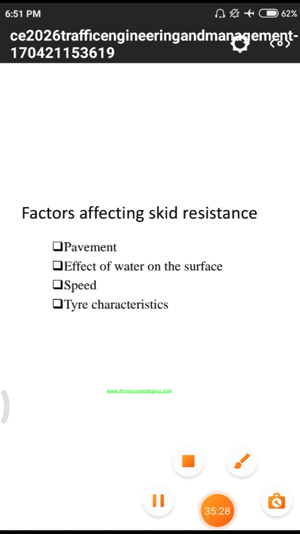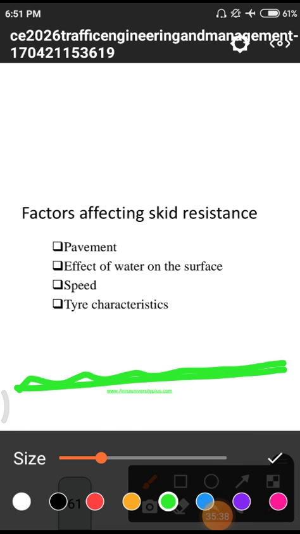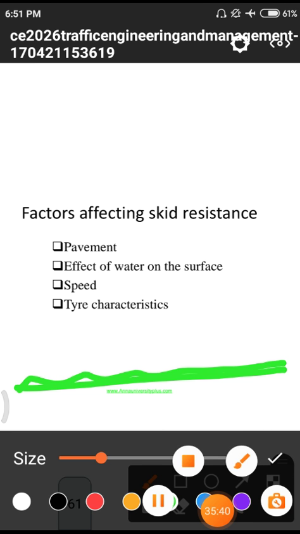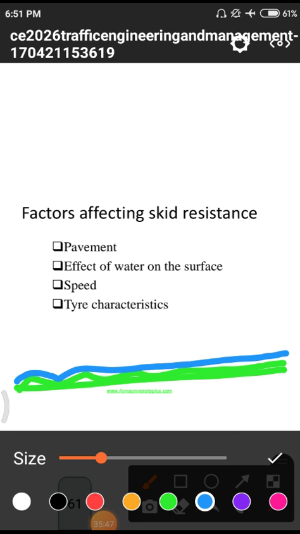I will give another example. This is a normal layer we are having. After that, this is another layer.